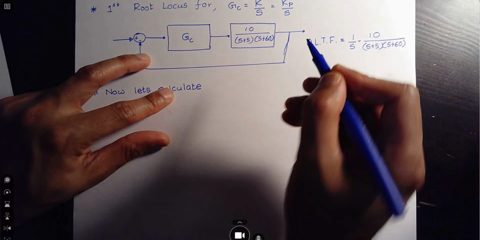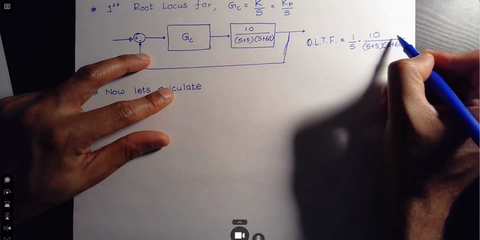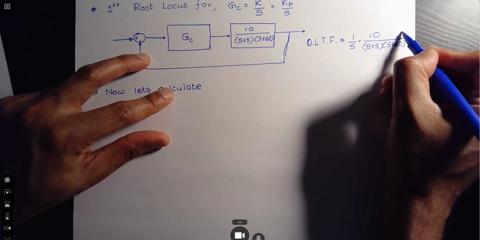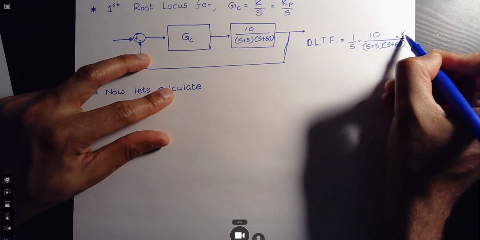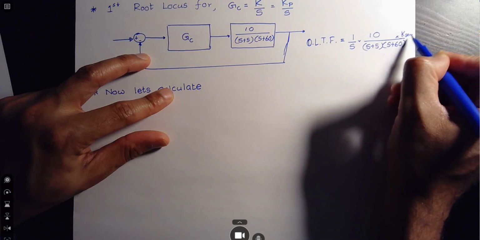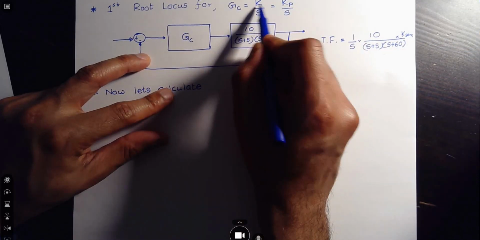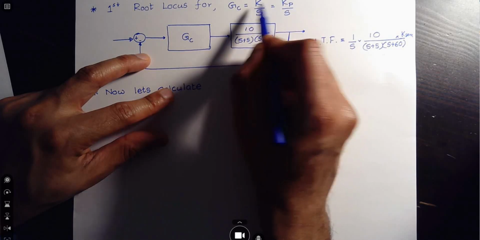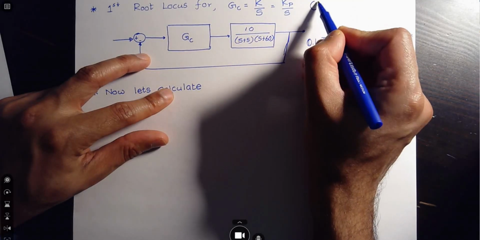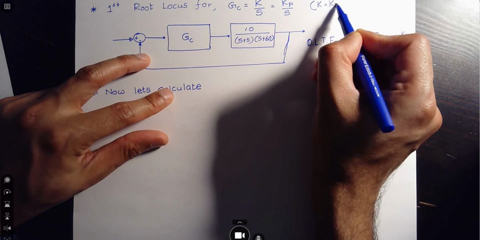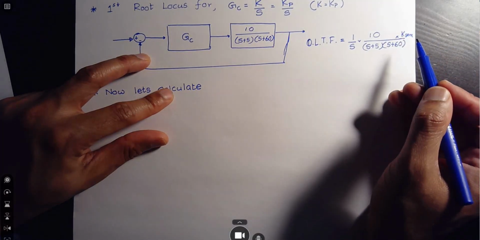Okay, and if you had a feedback path gain, that also needs to be accounted for. Call it K sense, and it should be a value, not a variable. We don't account for the K or the Kp at this time. In our case, K is equal to Kp, the way we have set up our controller.